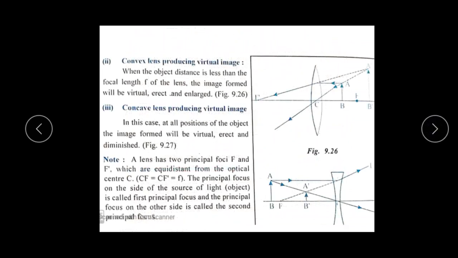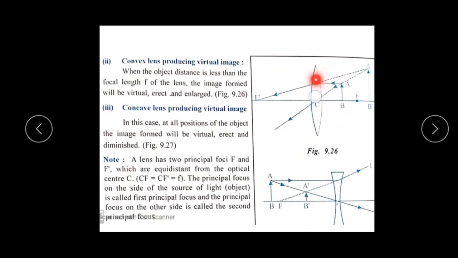See, this is an example for this one. When the object distance is less than the focal length, or when the object is present within the principal focus, in such a condition the image formed will be virtual. So this is f, a principal focus, and this distance is a focal length. If the object is present within the f, here there are two rays.